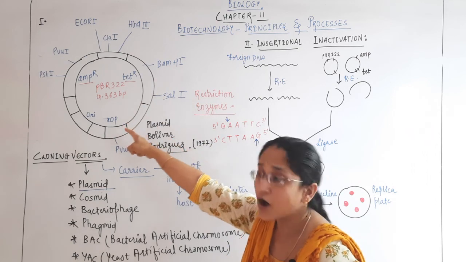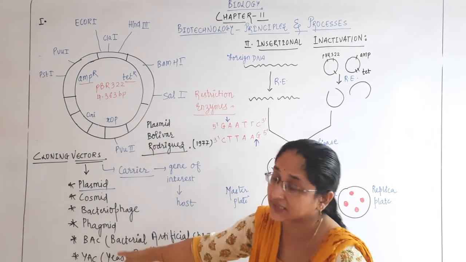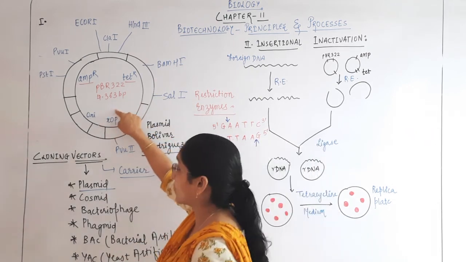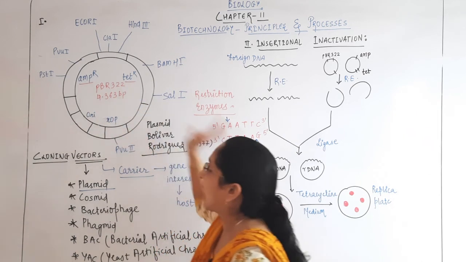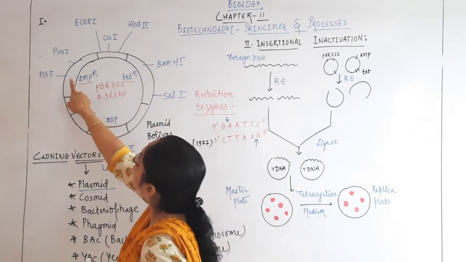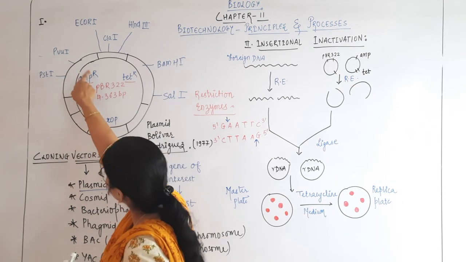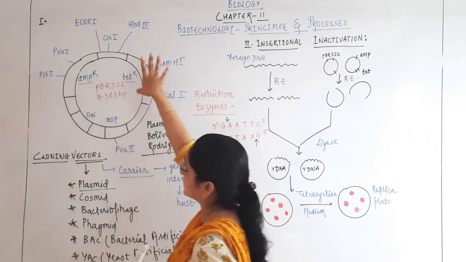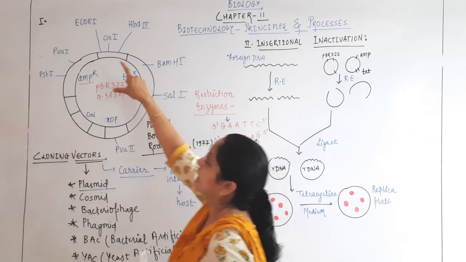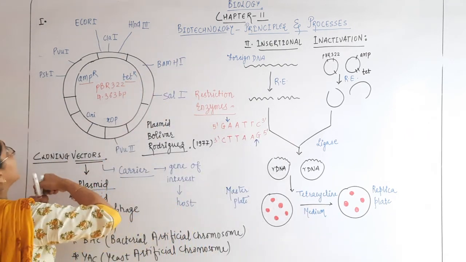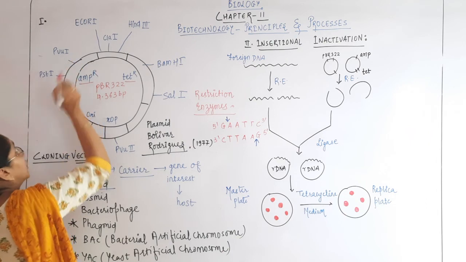The cloning vehicle or vector could be any among these. With the help of PvuI, I will bring about the cleavage of the restriction site, and I will incorporate the DNA fragment of my interest in this particular region.